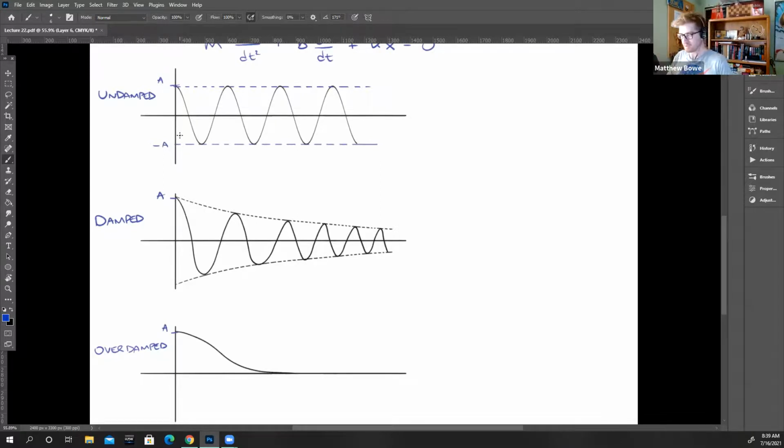So objects that oscillate have a natural frequency. If I were to time this, say this is an actual water wave and there's a beach ball on this water wave. You have to imagine, I don't have any animation software.